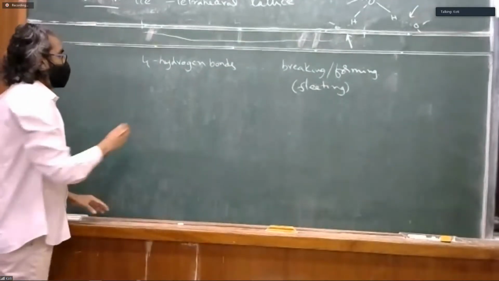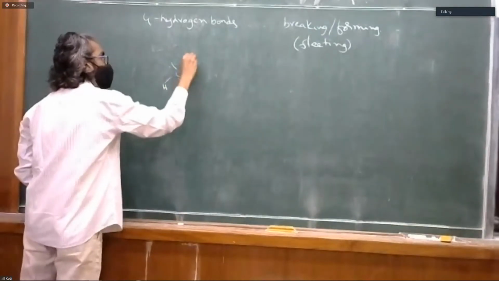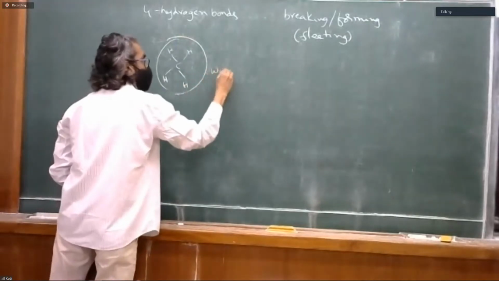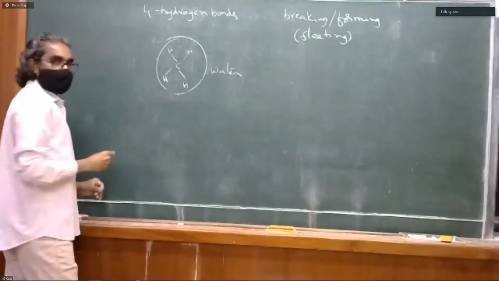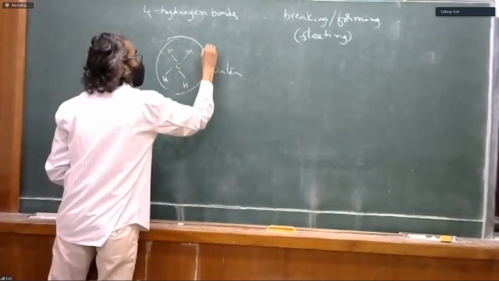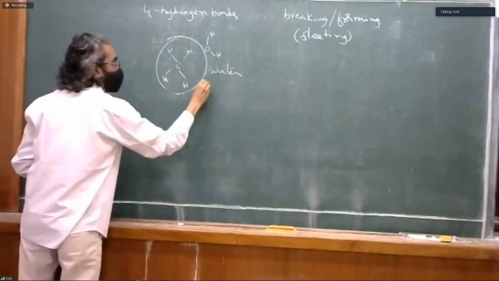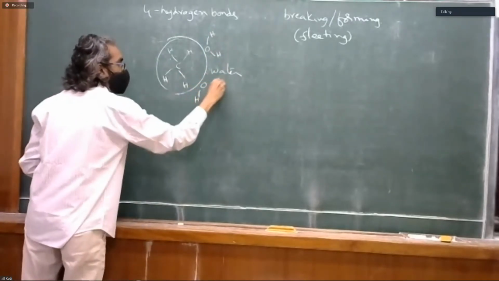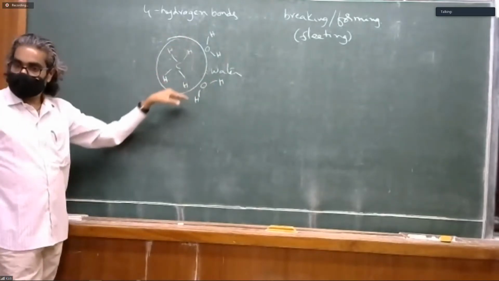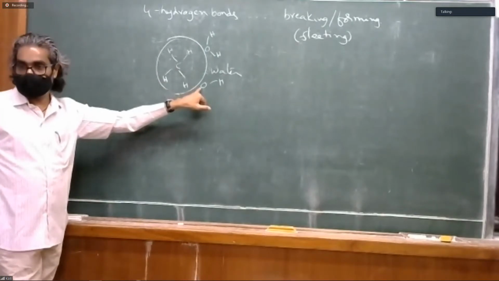But if you put methane, it's surrounded by water. Imagine the water molecules on the surface of the methane molecule. Any atoms which are facing towards the methane surface have no way to form hydrogen bonds.